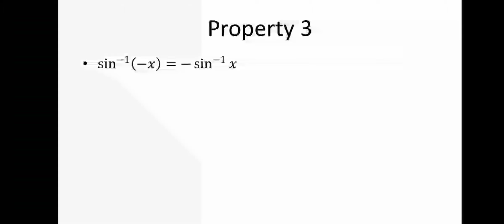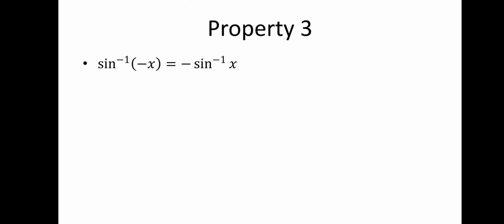So let us go to the next property. Now we are going to solve the problems a little bit later. First let me go through the properties. So property number 3 is this, which is very simple for us to understand. Sine inverse of minus x is minus sine inverse x.